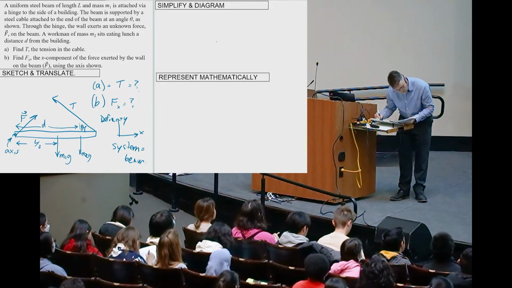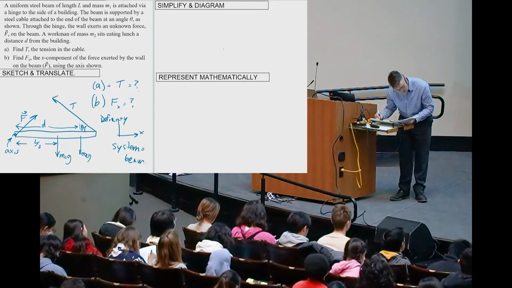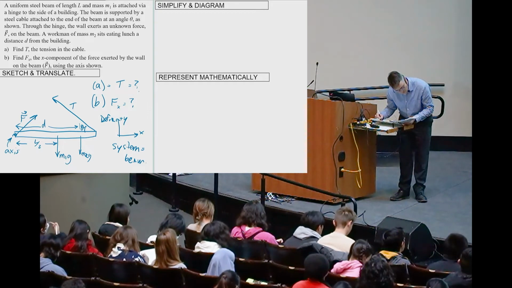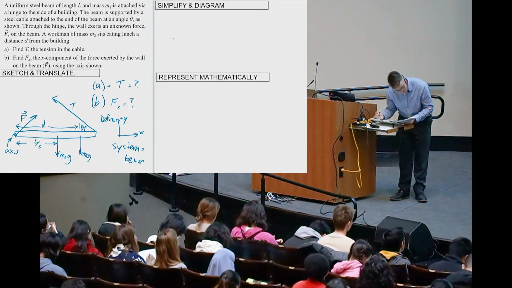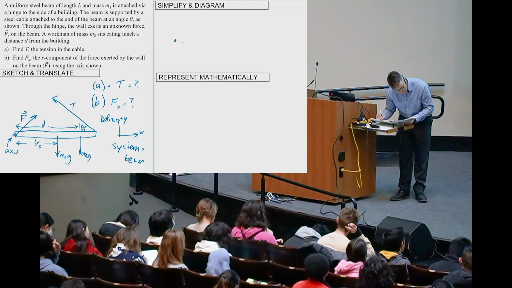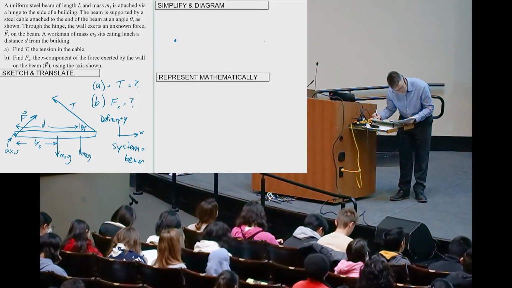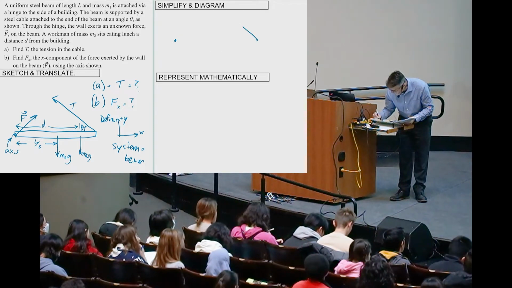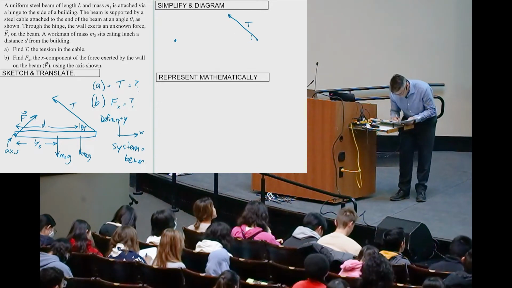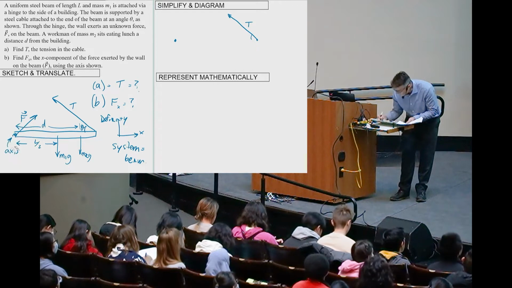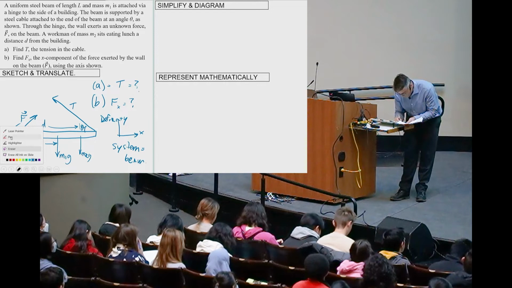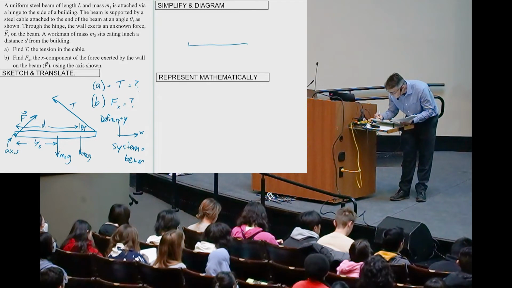So I think what I want to say here: if this is the axis of rotation, and this is the tension acting up like this at some angle theta, I'm trying to find the lever arm of the tension force.